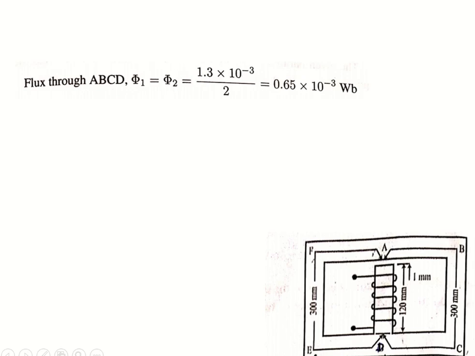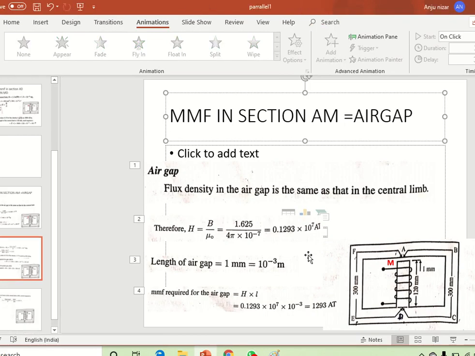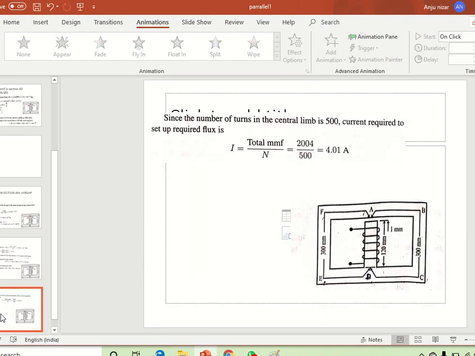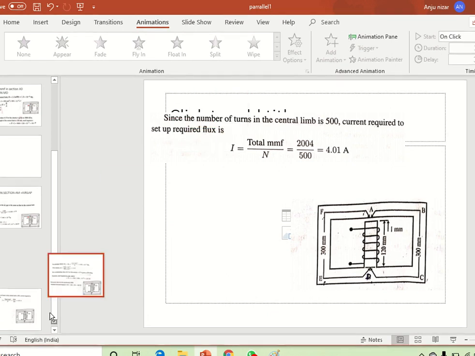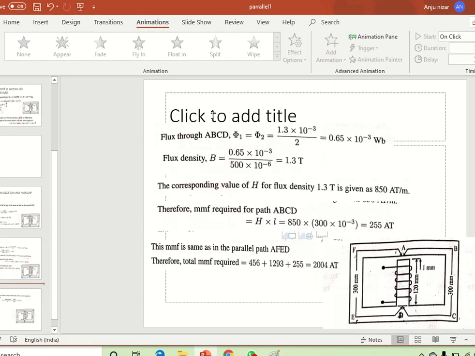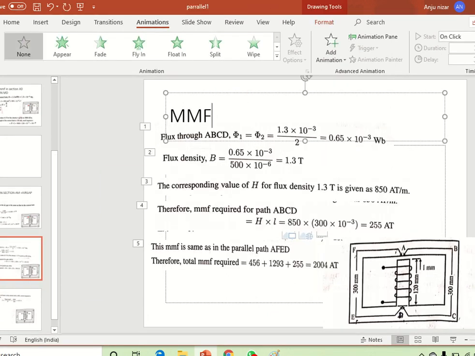So for finding the MMF of section AFED, that is the third path, we know that flux phi is linking with the central limb. This flux, similar to current, splits into two parts.